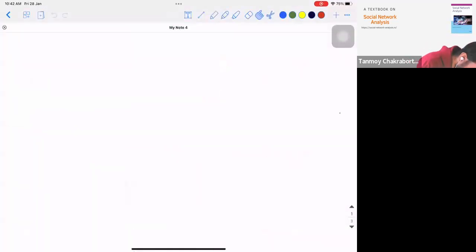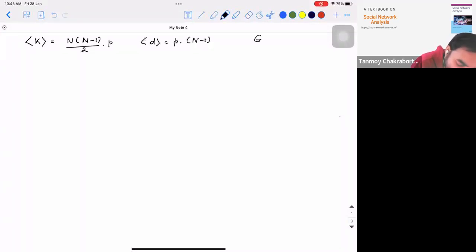So we learned that the average number of edges is n into n minus 1 by 2 times p, and the average degree is p into n minus 1, for the random graph model G(n, p). This thing we learned. Now we know the average degree, so now let's look at the degree distribution.